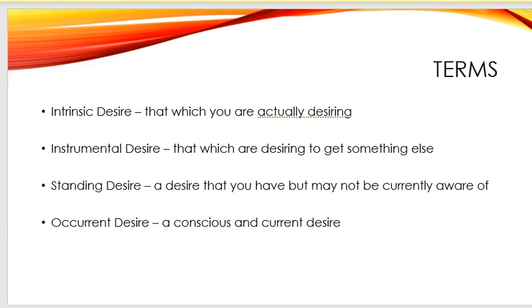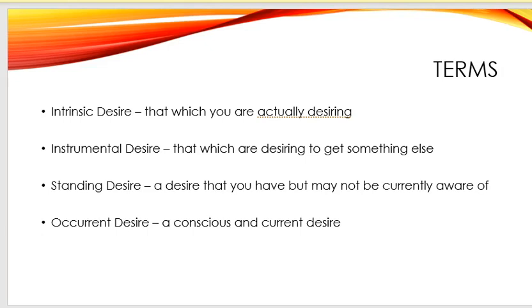But when you do entertain that desire, when you do have the feeling that you want something, that's what we call an occurrent desire. The occurrent desire, say, for a cup of coffee: if you're thinking about coffee and it seems appealing to you, you would like one, then that's an occurrent desire.